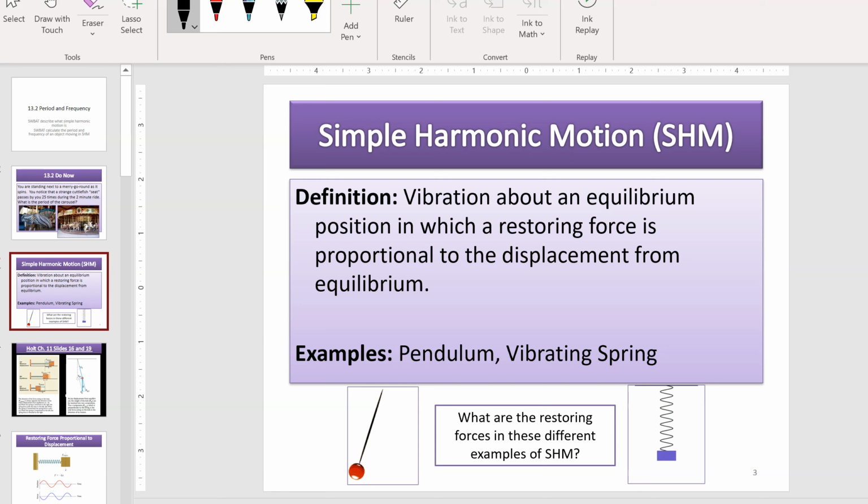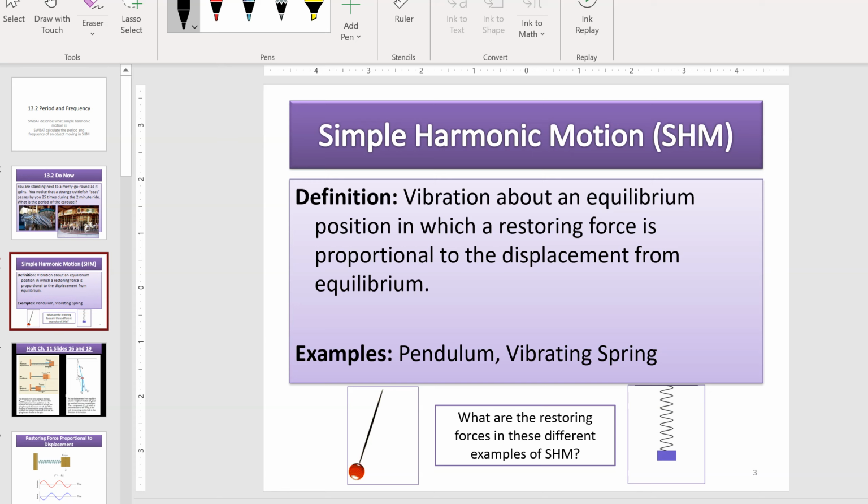The definition is a vibration about an equilibrium position. And remember, I said equilibrium in the last video. A vibration around an equilibrium position in which a restoring force is proportional to the displacement from equilibrium. Fancy definition. Now, examples could be a swinging pendulum or a spring that's vibrating up and down.